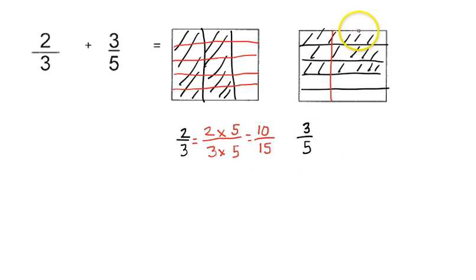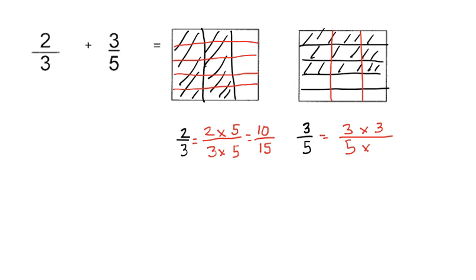In my next model, I'll draw my thirds. And we can see that we started with 3/5. 3 pieces were shaded, but now I have 9 pieces shaded, which means that I multiplied the numerator by 3.